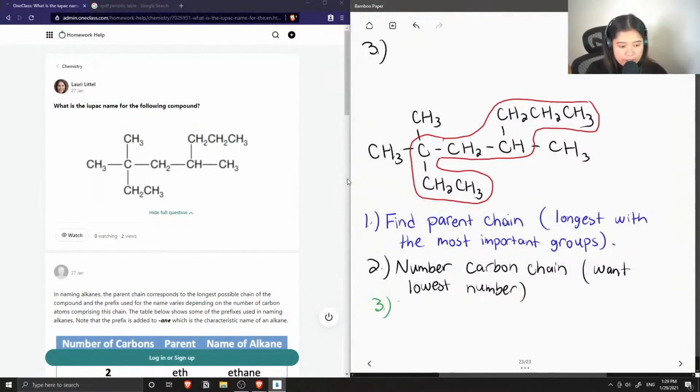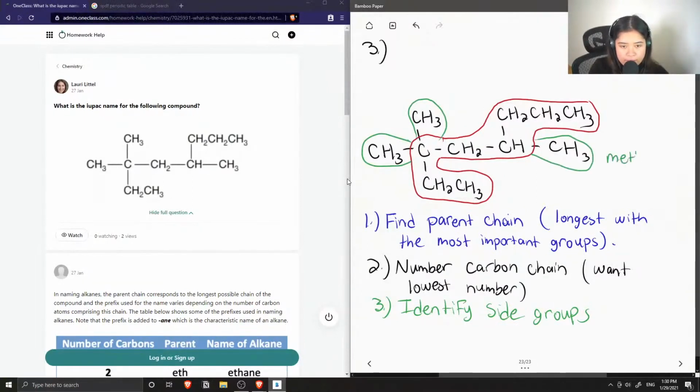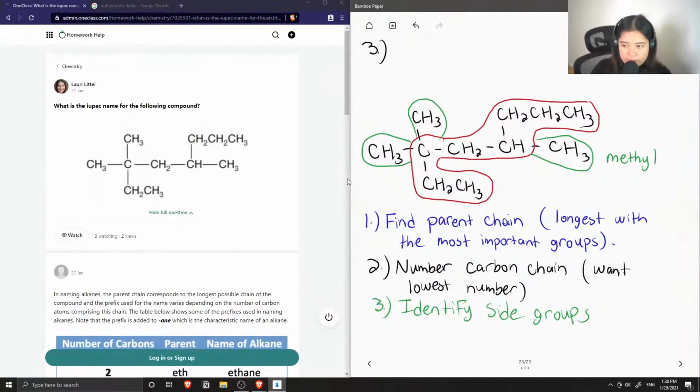Step 3 is to identify our side groups. These two steps can kind of be merged into one, because if I identify my side groups, I'll see that I have 2 methyls here and another methyl here. Every time we have just 1 carbon with 3 hydrogens as a side group, this is called a methyl side group.